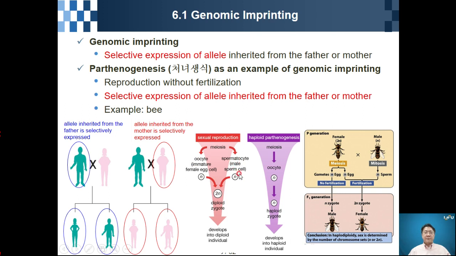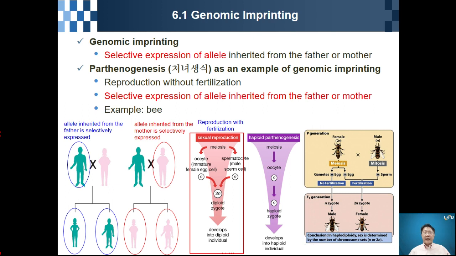After fertilization, they make the diploid zygote. This diploid zygote develops into the diploid individual. This is what we call sexual reproduction.